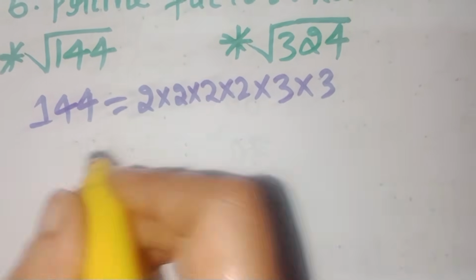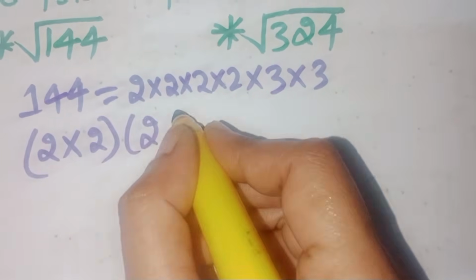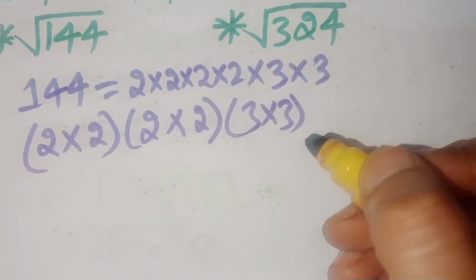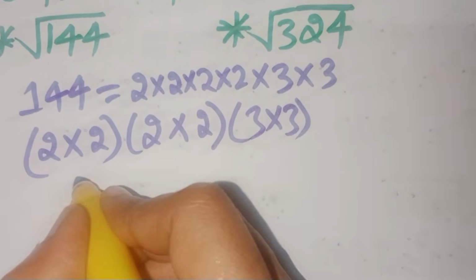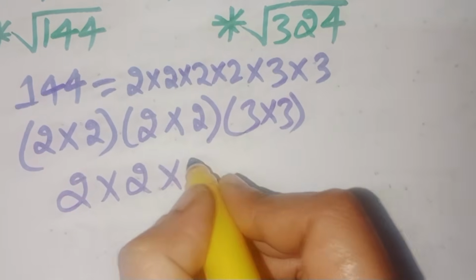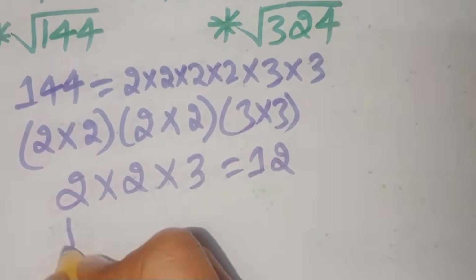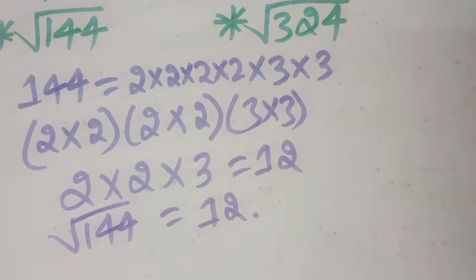Now make pairs. 2 times 2, 2 times 2, 3 times 3. Take one number from every pair. 2 times 2 times 3. That is 12. Therefore, square root of 144 is 12.